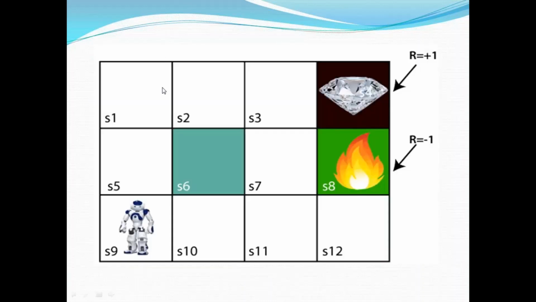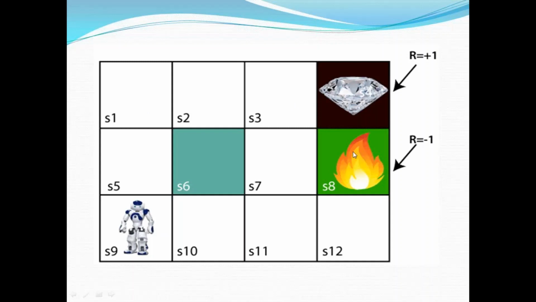So now if you take a typical maze example, this is a simple maze where we have 12 different blocks. Now the agent is trying to go from S9 to S4, where you have the diamond. If you take something like a robot, he has to go there and pick up the reward.